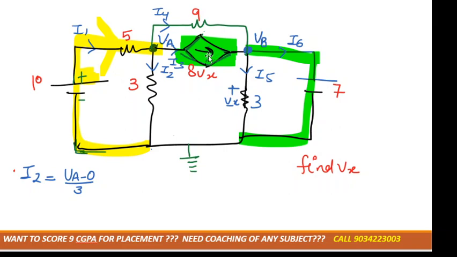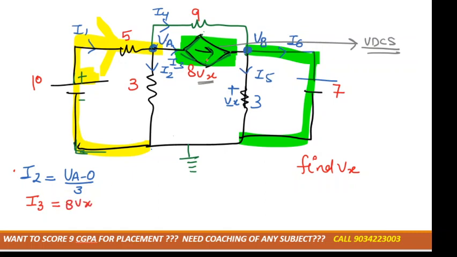I3 is the dependent source. Which dependent source is it? It is depending on voltage, and the arrow is there, so it is a current source. So it is a voltage dependent current source. For the current source, the value given is 8 Vx.